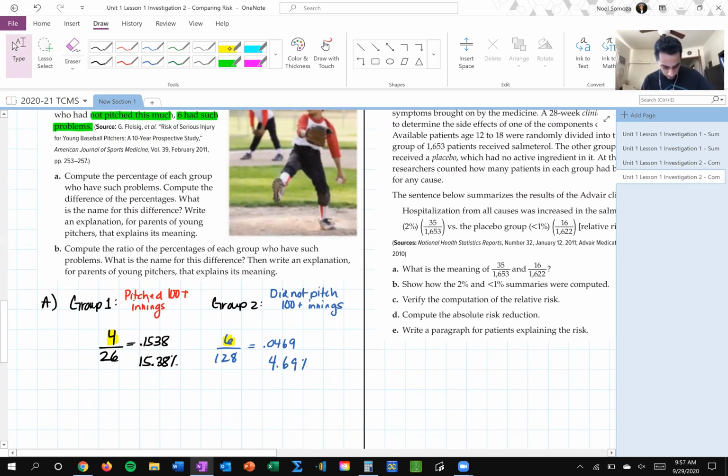So we've completed the first part of part A, which is to compute the percentage of each group. And then find the difference. When we find the difference between percentages, what is the name of that? It has a very specific vocabulary term. When we find the difference, what is it that we have found?